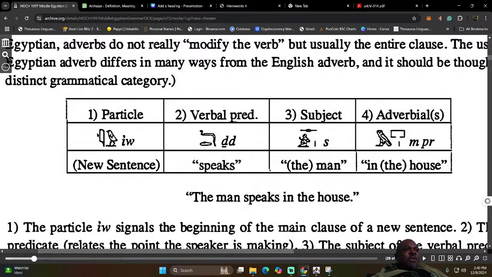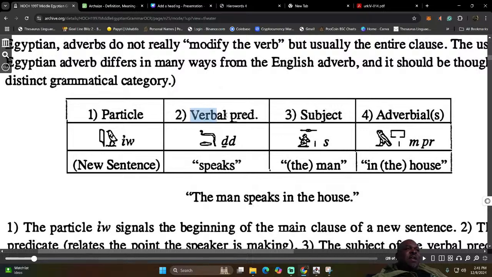Now, note that the particle is inside this first box. It's four columns. The particle comes first, which indicates it's starting a new sentence. This is the standard verbal sentence.